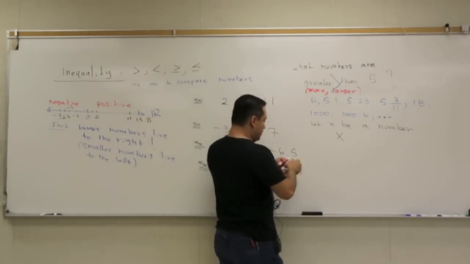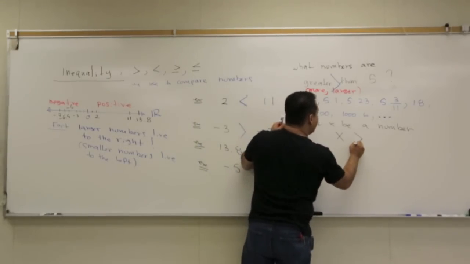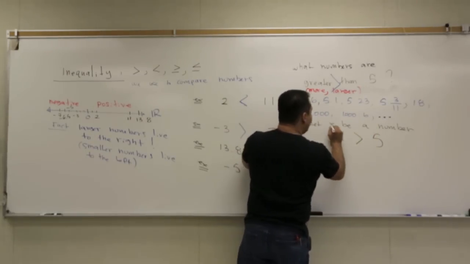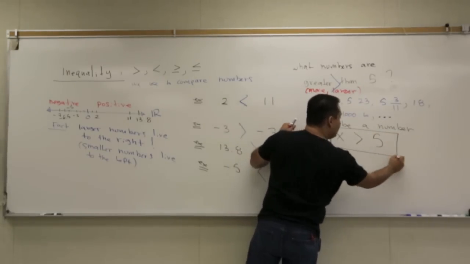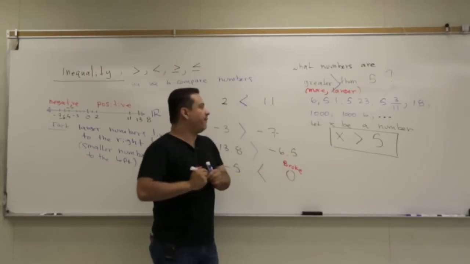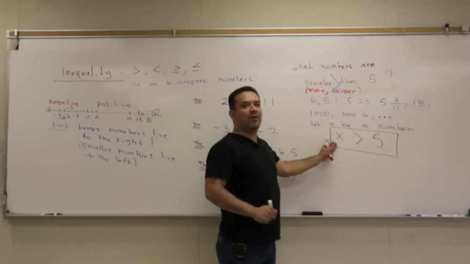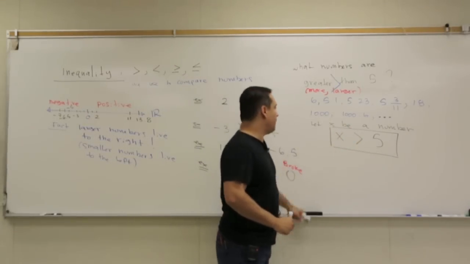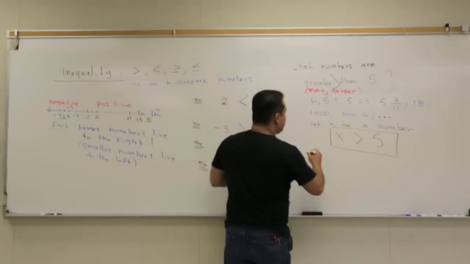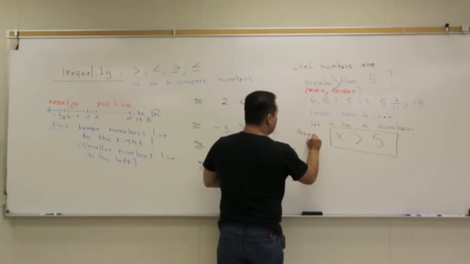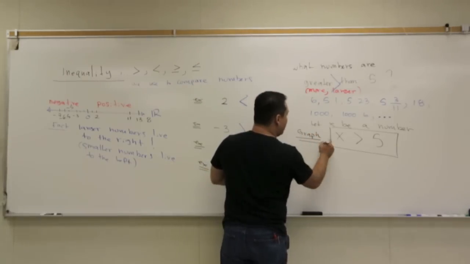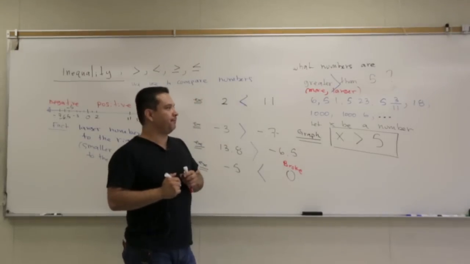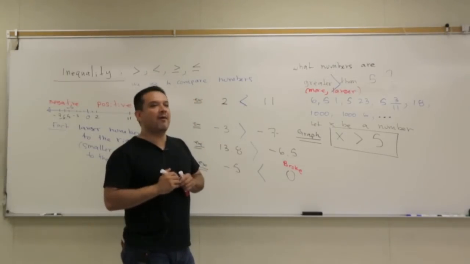So we're going to put numbers greater than 5. So I'm describing here, this isn't the picture yet. This is the phrase: numbers, we don't know what they are, but we know that they are greater than 5. So they're going to say to you now, graph numbers that are greater than 5. And so how do we graph numbers greater than 5?